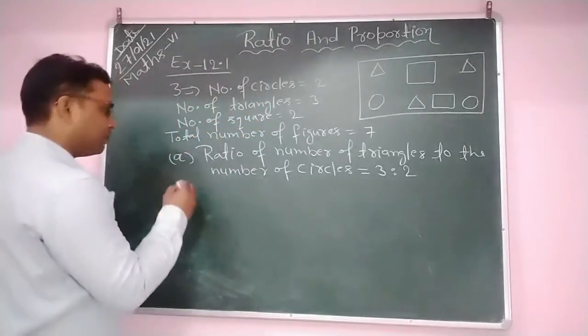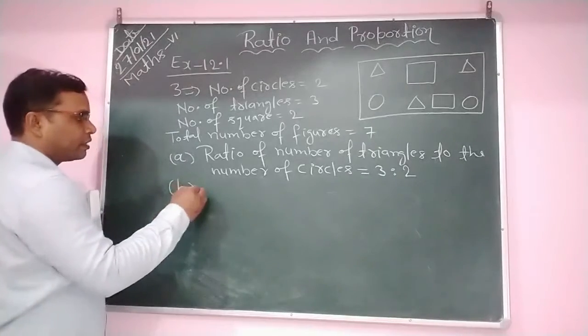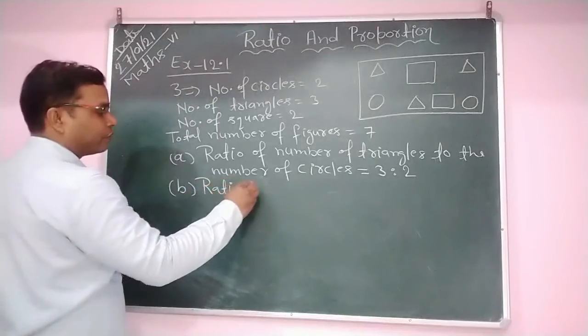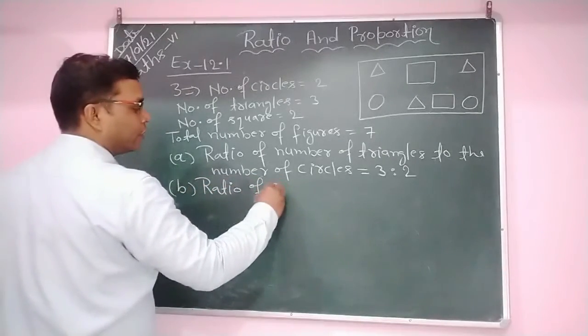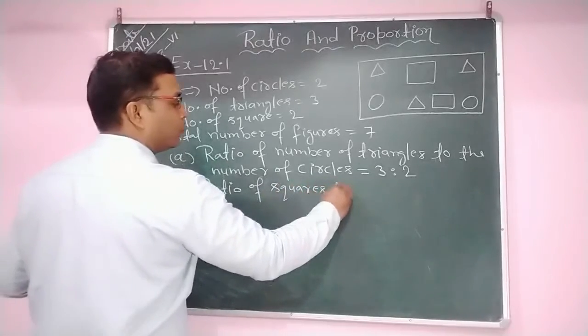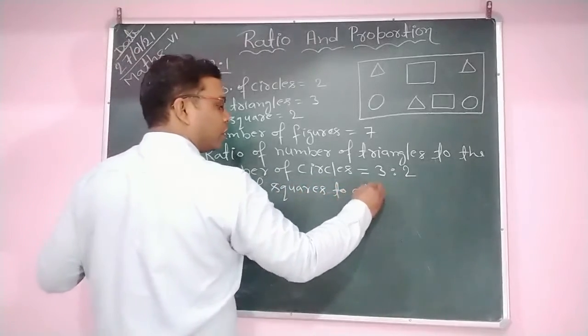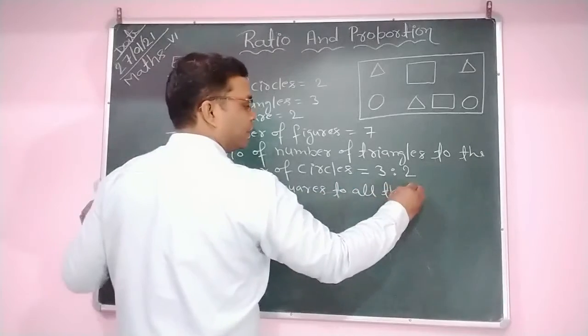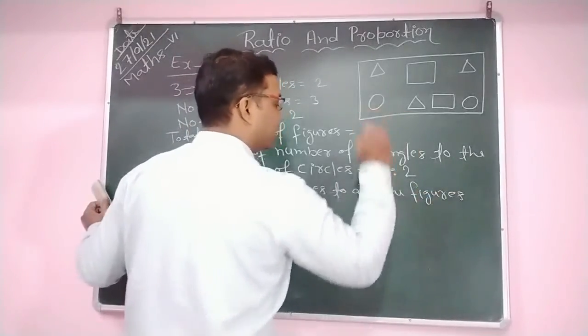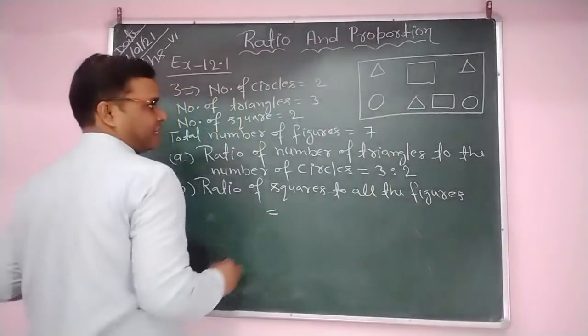So B part: ratio of squares to all the figures inside the rectangle.